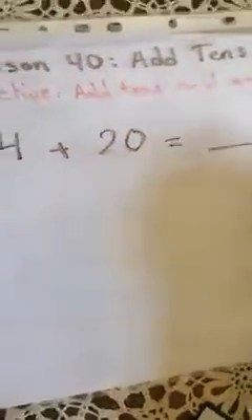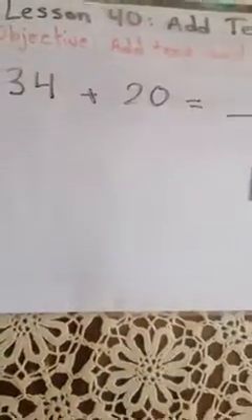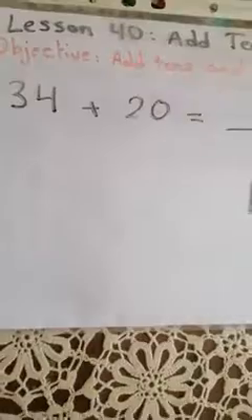Okay, now we will move to a different example, which is 34 plus 20 equals. As in the previous example, we will use the ones squares and the tens strips to model these numbers and get the total. 34.